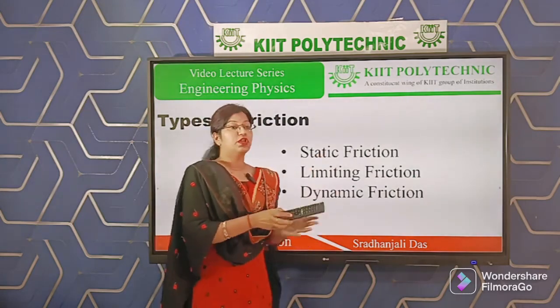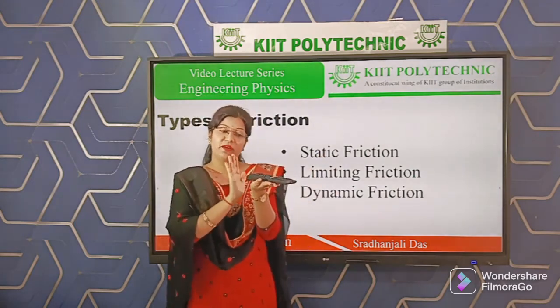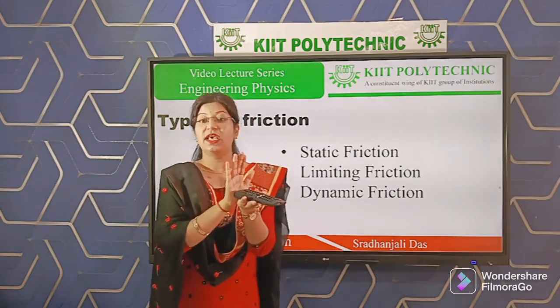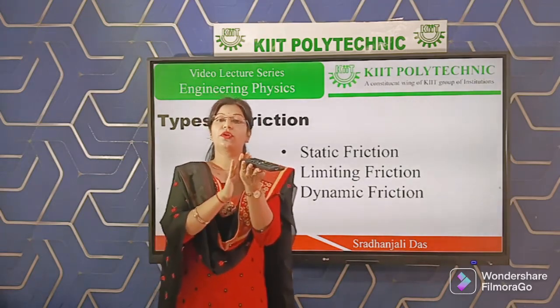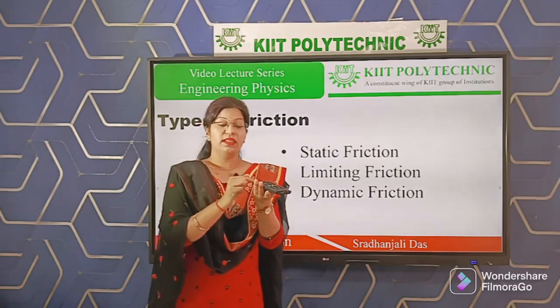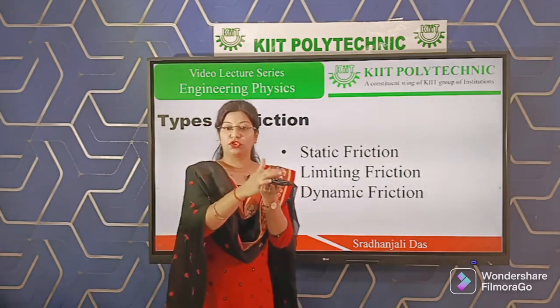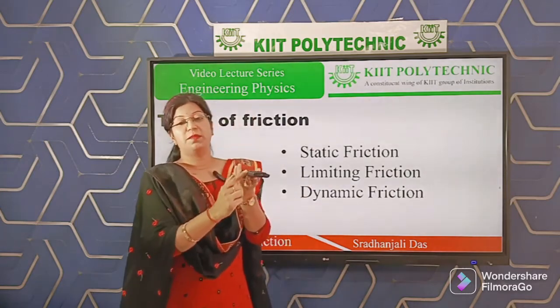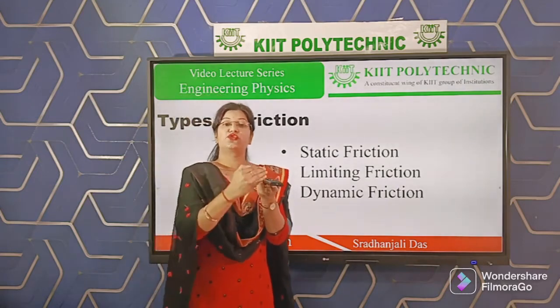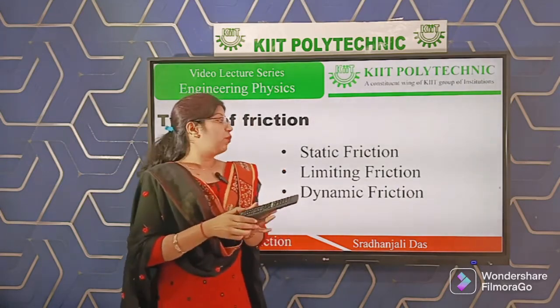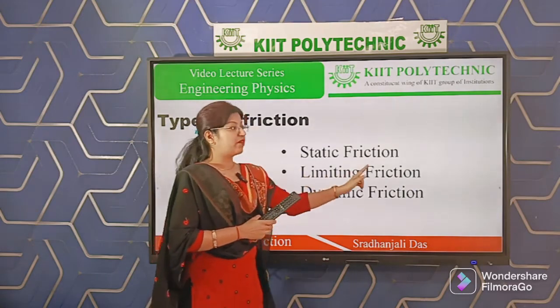This is static friction. So while I am applying a little force more than the static friction, then what happens? The remote starts motion. When the remote starts motion, at that time the static friction changes to another type of friction, and we call this limiting friction.